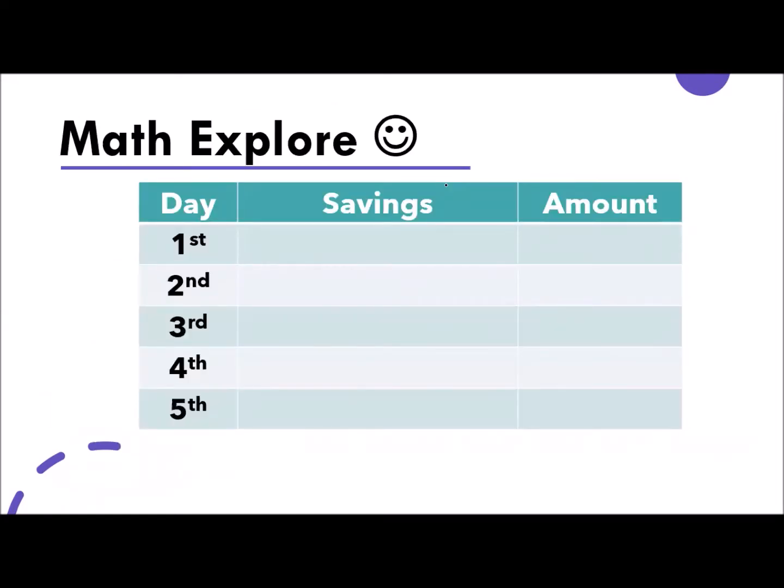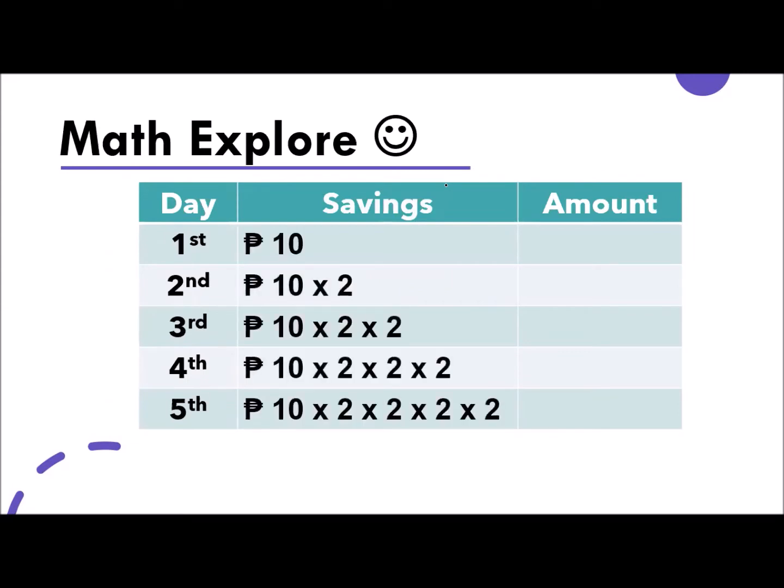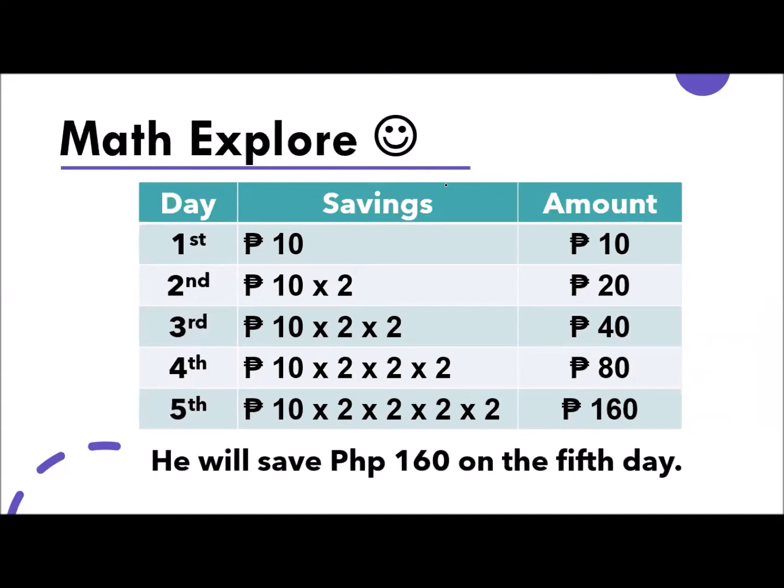Going back, we have 5 days and the savings like what we did a while ago. The amounts are 10, 20, 40, 80 until we reach 160 pesos. So, he will save 160 pesos on the fifth day.